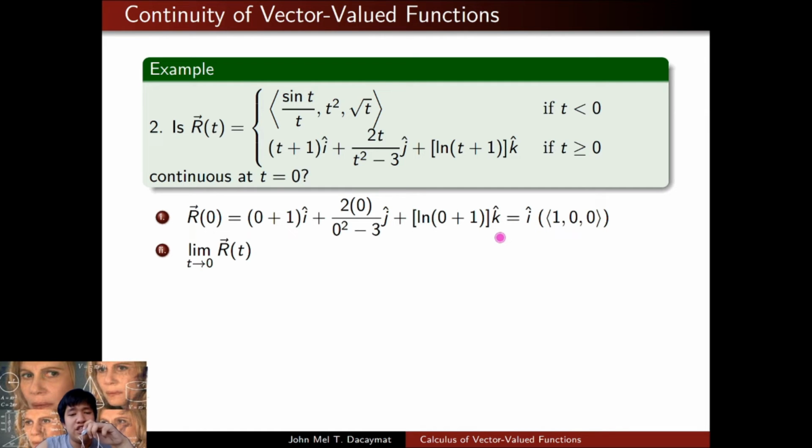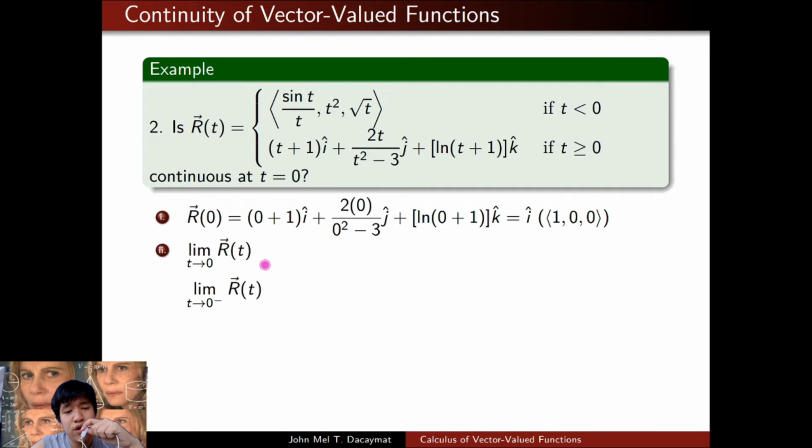Let's check the limit. Similar to real valued functions, if we want to take the limit of a piecewise defined function at the breaking point, you cannot just take any of these two and take that as t goes to 0. Since the behavior is different for t less than 0 and for t greater than 0, you have to consider one-sided limits before we compute the limit as t goes to 0.